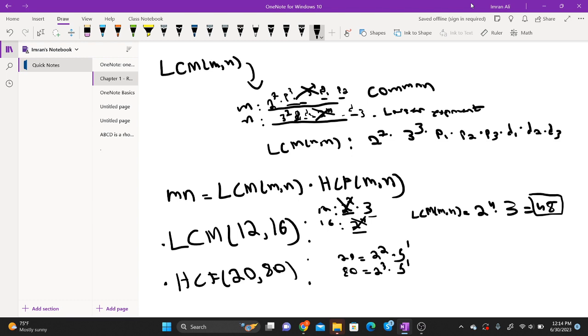So then we have 2 squared in the HCF. We don't care about the 2's anymore. And I see this 5, but I see that the exponents are the same.